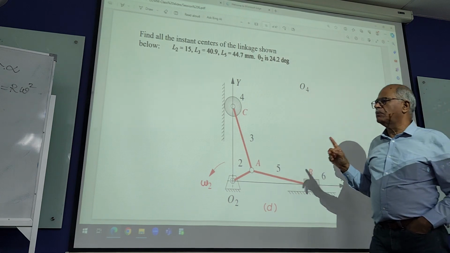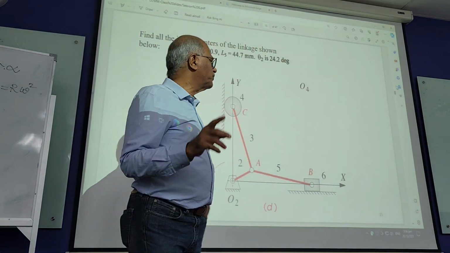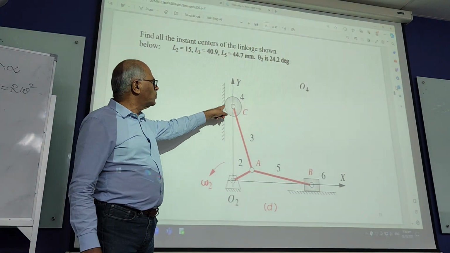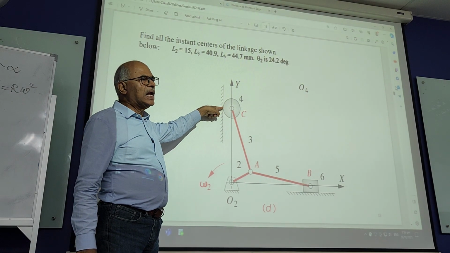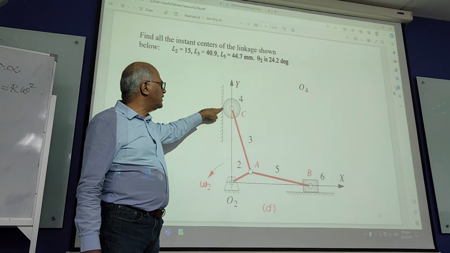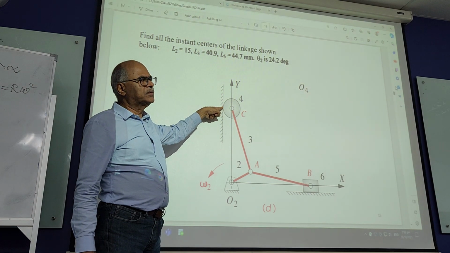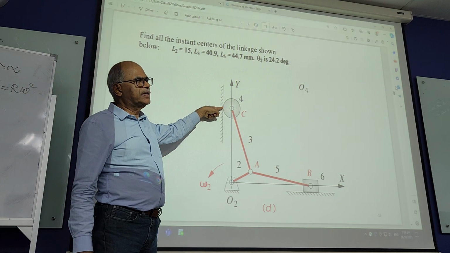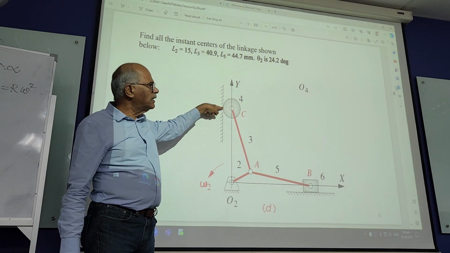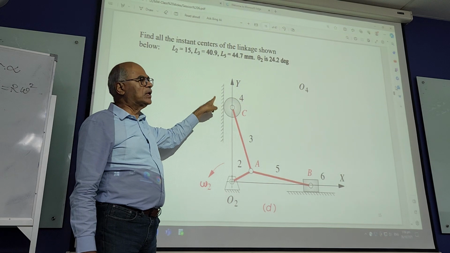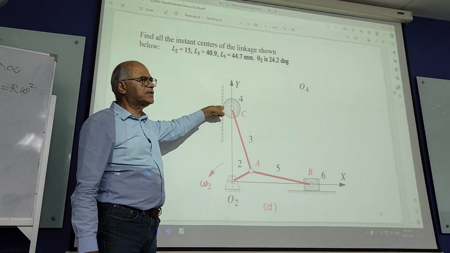So here one point to note is, all of you pay attention here. This is a contact point, okay? And then this will be IC, instantaneous center also. So this instantaneous center is between 1 and 4. So here 1, 4 is not at infinity, but it is here.